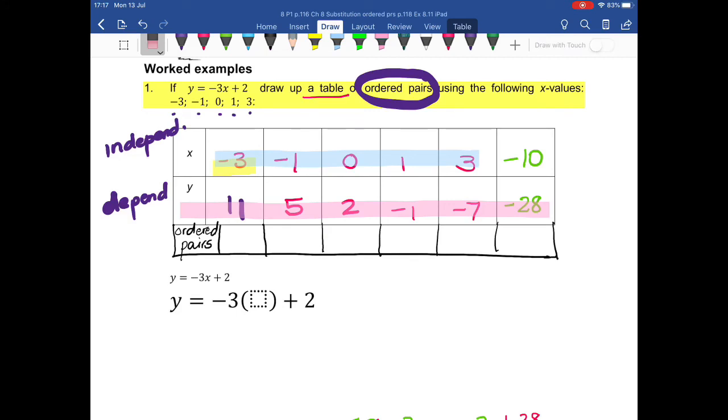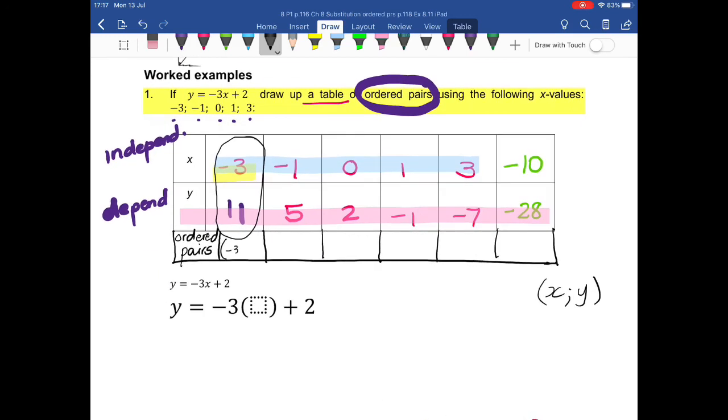So when I look at my ordered pairs, from this, I have to have an ordered pair. And remember, x comes before y in the alphabet, so it's always x value, comma, y value, and they're always written in brackets. So all I do here, my x value is negative 3, and my y value is 11. So this tells me when x is negative 3, y is 11.